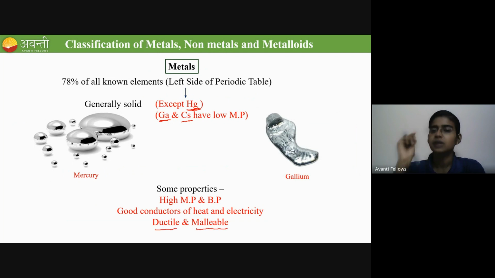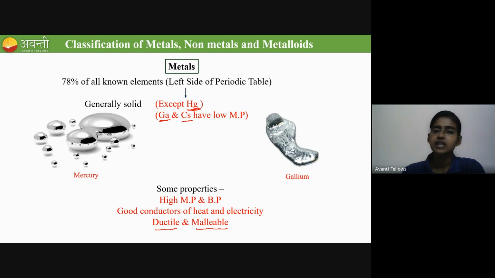So what is meant by ductility? Ductility is the ability to be drawn into thin wires. So we can take a metal, draw it into a thin wire and roll it. Most of the metals have this ductility property. And what is malleability?